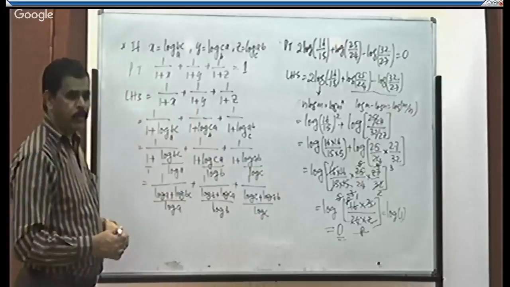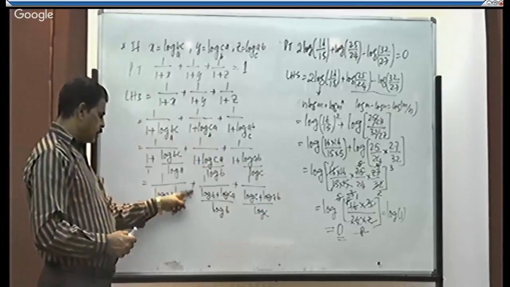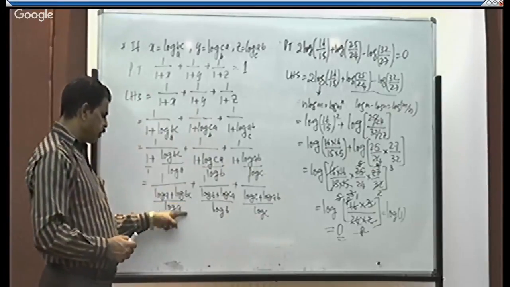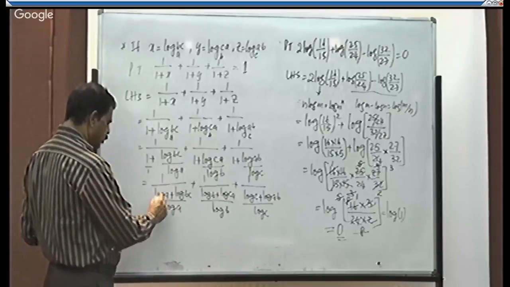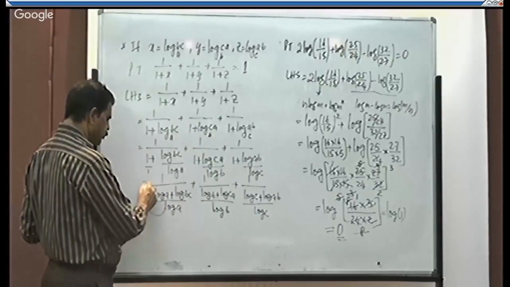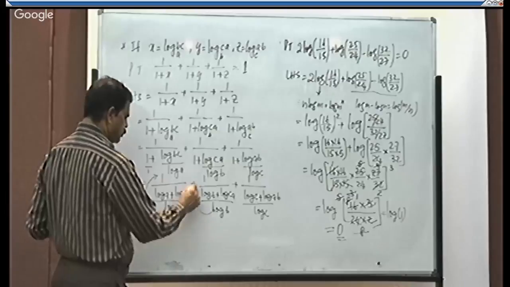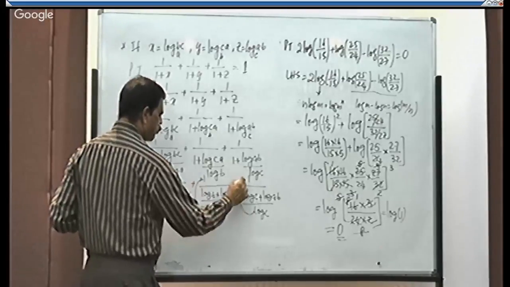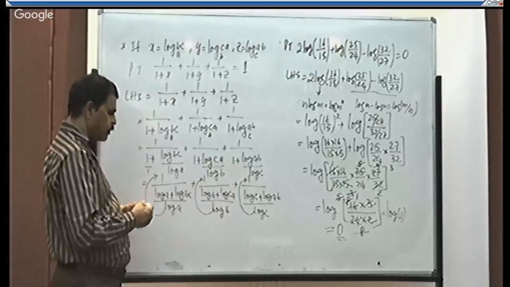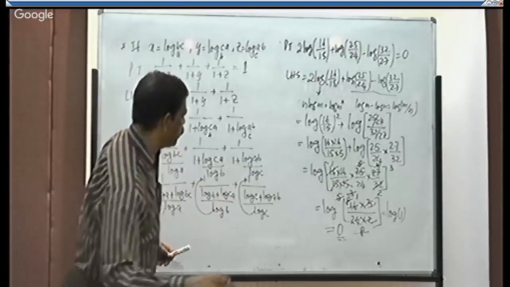In the next step, what we need to do? Take the simplified form of the denominator. That means what? The denominator of the denominator goes to the numerator. In all the terms, the denominator of the denominator goes to the numerator.